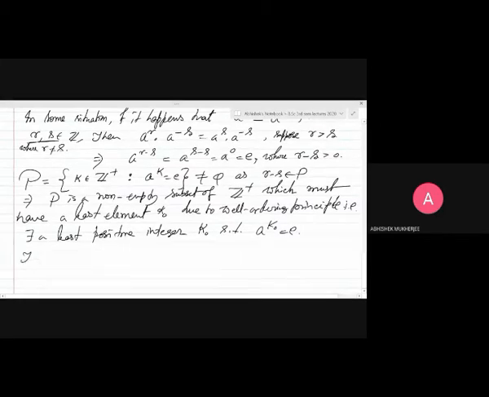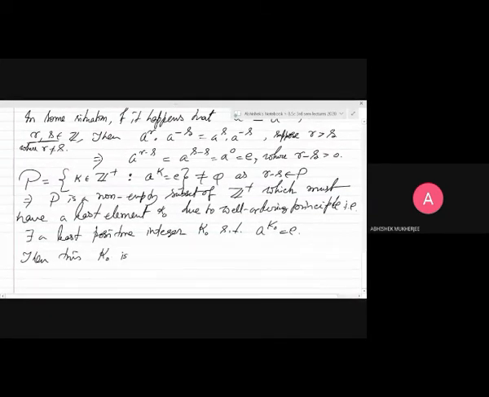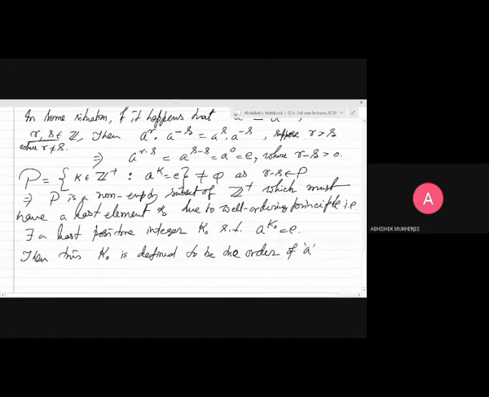Then this k0 is defined to be the order of a.